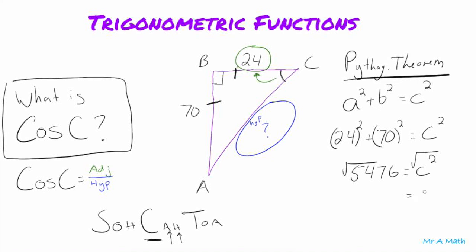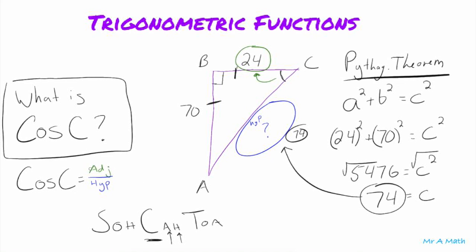The square root of c squared is just c, and the square root of 5,476 turns out to be 74. That means the hypotenuse is equal to 74 units long. We're going to write this in over here just so we keep it in mind. It's 74 long. And that means now I can find what my cosine is.